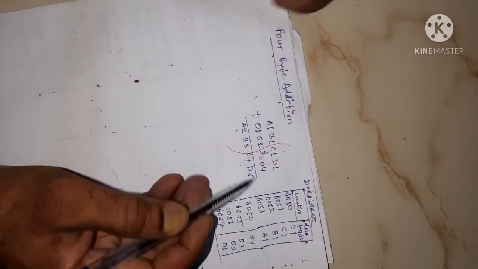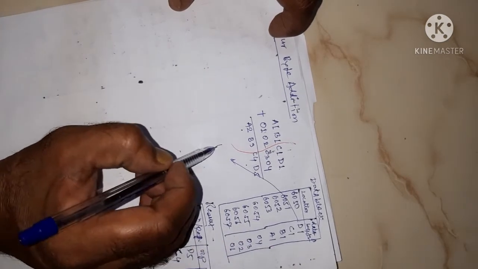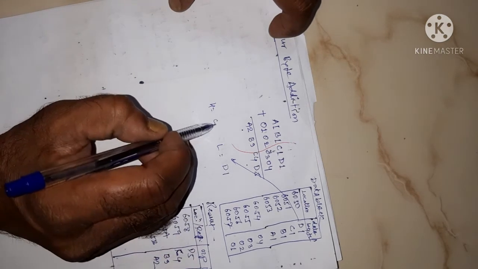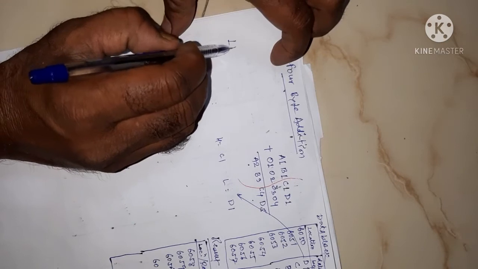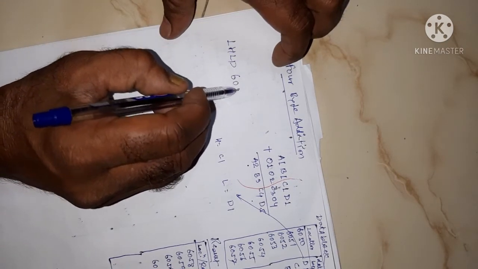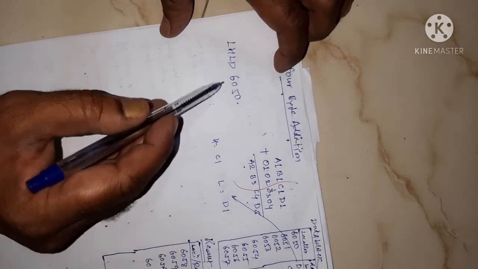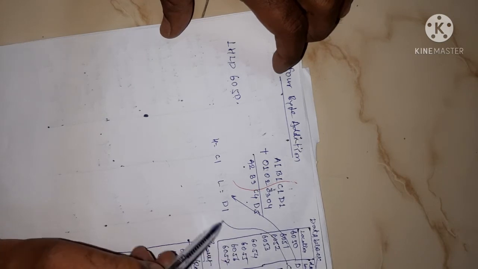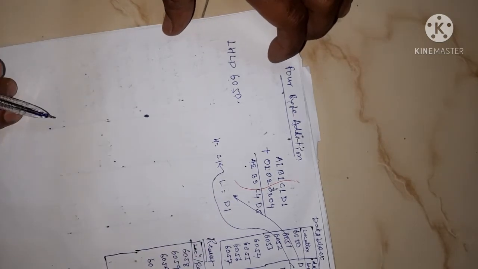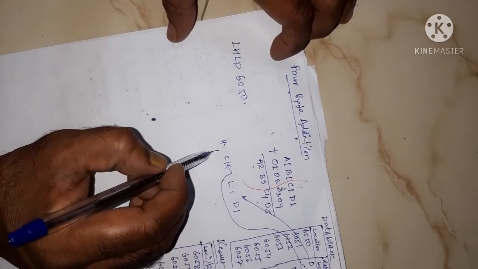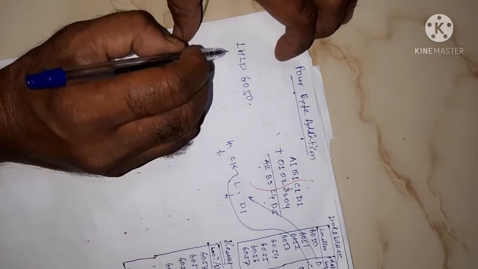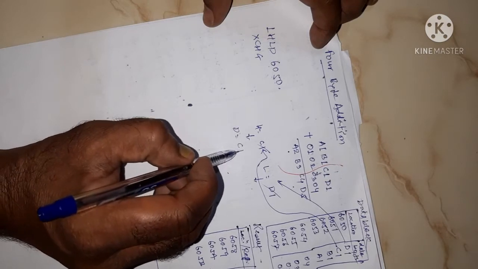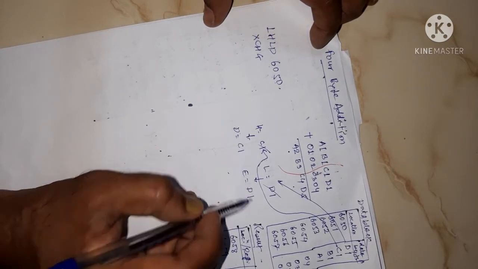So C1 D1 is to be taken in the HL pair by using the instruction LHLD 6050, by which data from 6050 and 6051 should be taken in the HL pair. This can be transferred to the DE pair by the XCHG instruction. So HL gets erased. Now D holds C1, E holds D1.